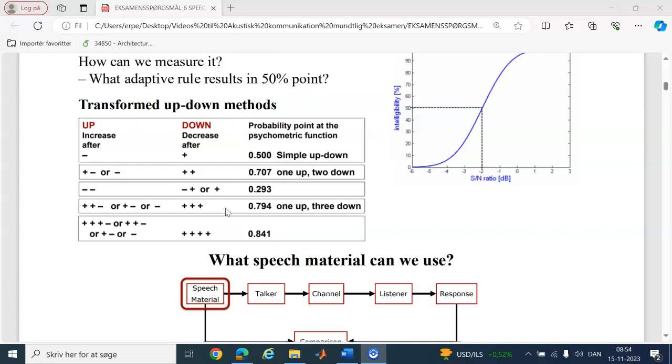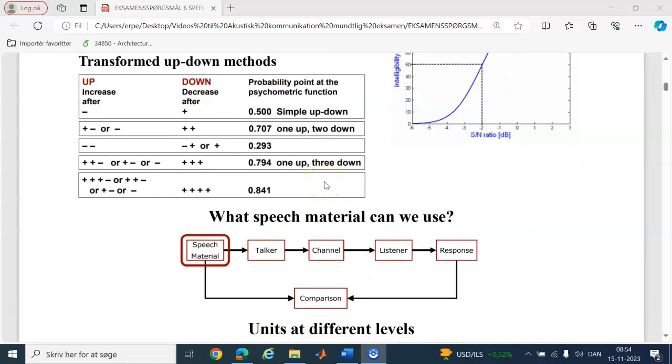1 up 2 down: then a yes means about 71%, because 1 down after a yes, a no is 50%, and P yes times P yes, 2 yeses, is a half. That means P yes squared is a half. That means P yes is the square root of a half, and is about 0.71.